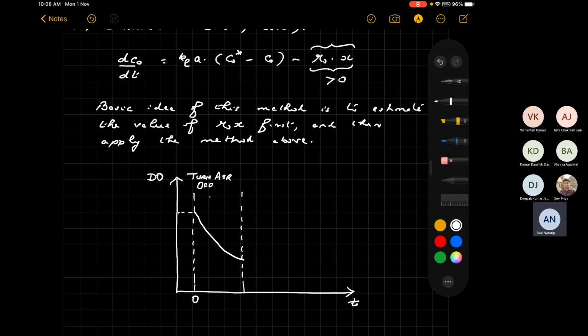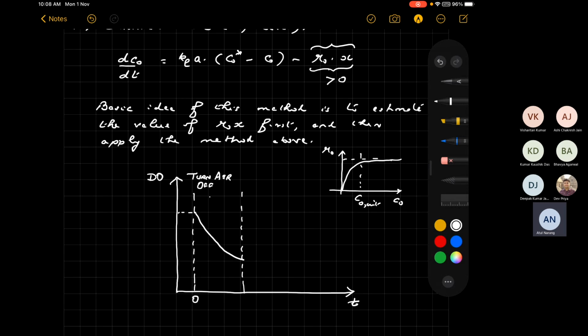Well, if you don't go below the critical value, then if you recall, I had made the plot. This is RO and this is CO, the dissolved oxygen. So if this is CO critical and I never go below CO critical, then that means that RO remains essentially constant, right?